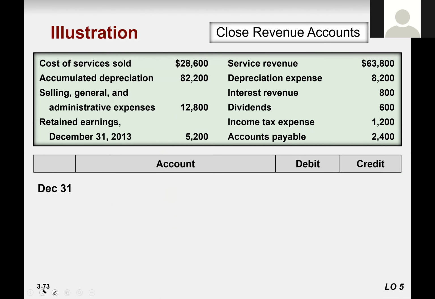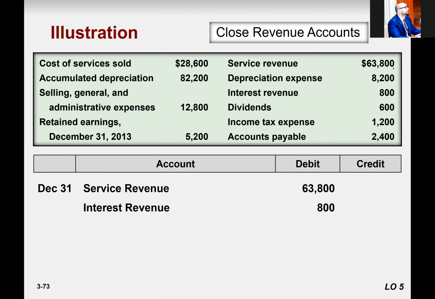So we know that revenue accounts are two, right? So we need to close down. Their normal balance is credit, so these are credit balances. If we want to close this one, we need to make a debit.